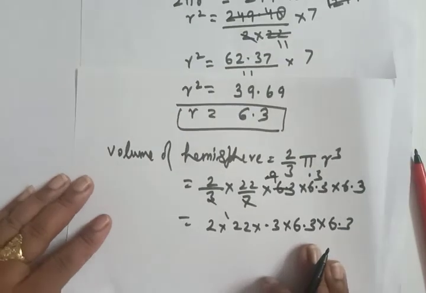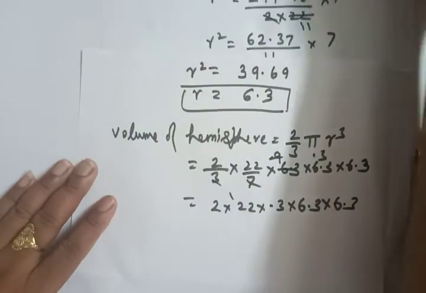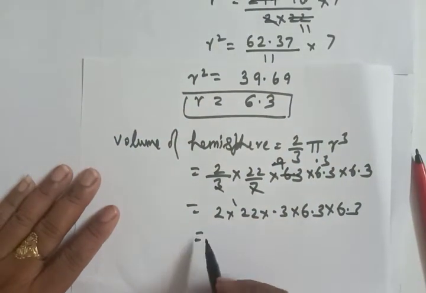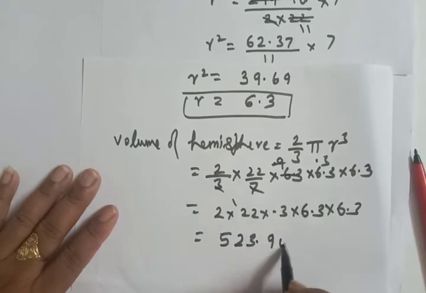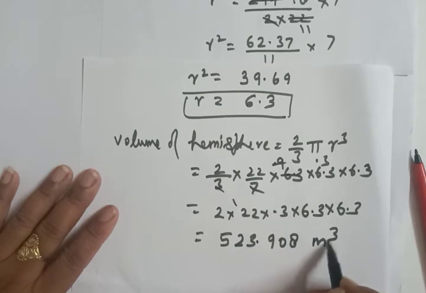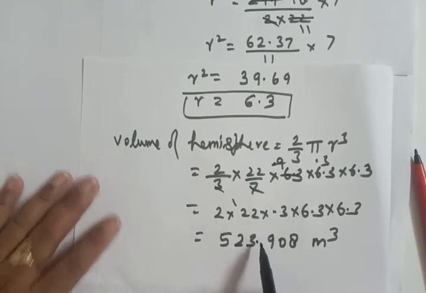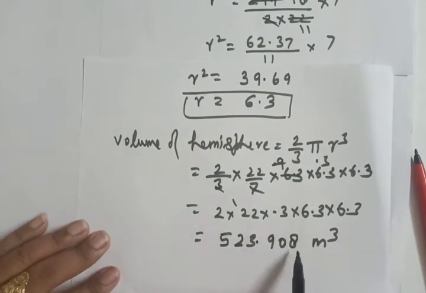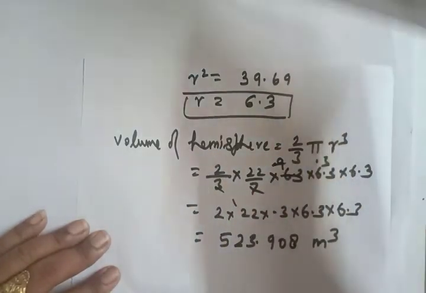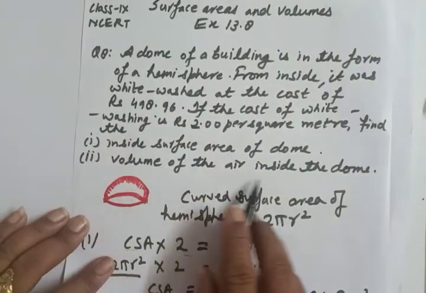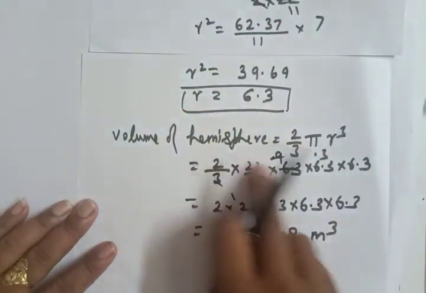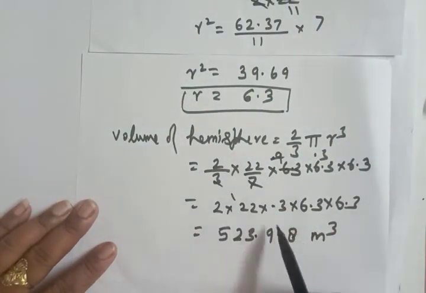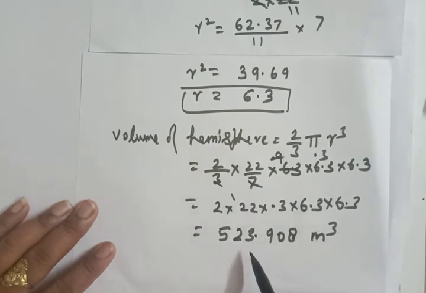We simply need to multiply this, and we have got 523.908 meter cube. So we have got the volume of the hemispherical dome, that is the volume of the air inside the dome. Whatever the capacity of this hemisphere, that much air will be inside it.